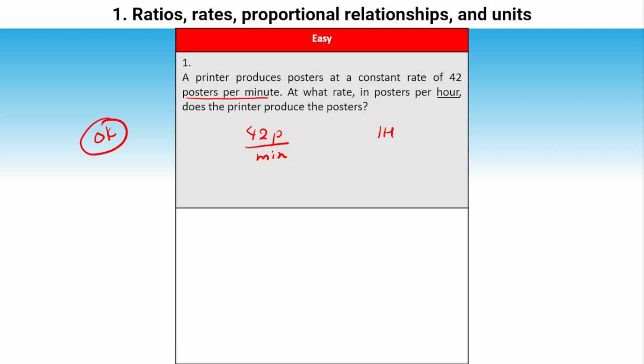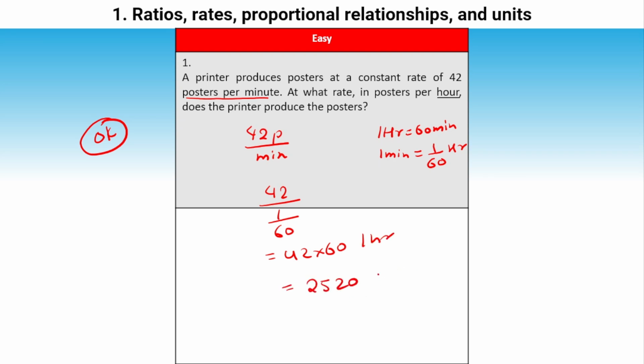We know that 1 hour equals 60 minutes, so 1 minute will be 1 by 60 hour. Simply write 42 over 1 over 60. So this will be 42 times 60 posters per hour, which equals 2520 posters per hour. So 2520 is our answer.